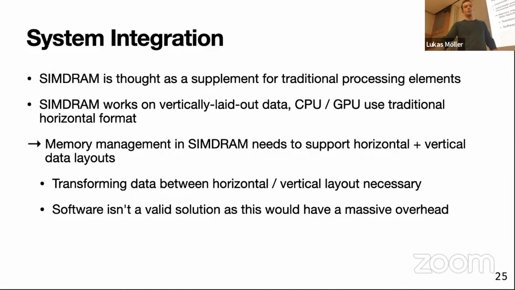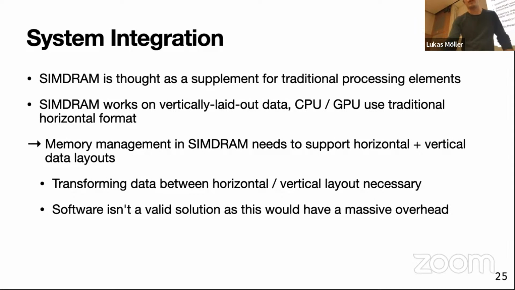So, because we need to have both SIMDRAM and CPUs working on the same data, we need some sort of interchange between these two formats. And software, of course, doesn't work here, because then we would still have all of that data movement. We would need to load all of the vertically laid out data into the CPU just to transpose it and load it back in.